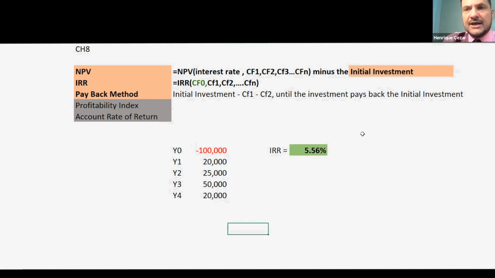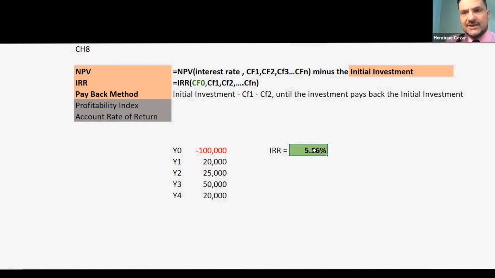5.56%. And just to let the student know, I will get to the situation where I get an error message; I'm just making a point here. This means that 5.56% is what you should require if you want to break even.